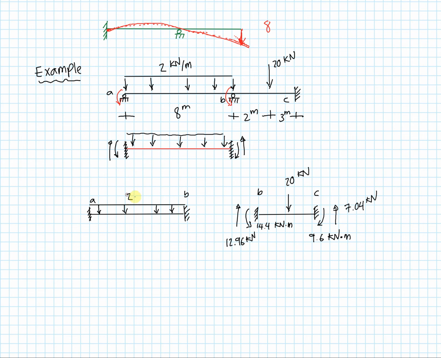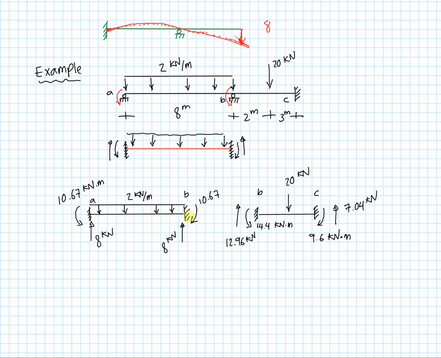It had magnitude of 2 kilonewton per meter, and when I look up the fixed end moments, I get a 10.67 kilonewton meter on both sides, and I also get vertical support reactions of 8 kilonewtons on the left and 8 kilonewtons on the right.